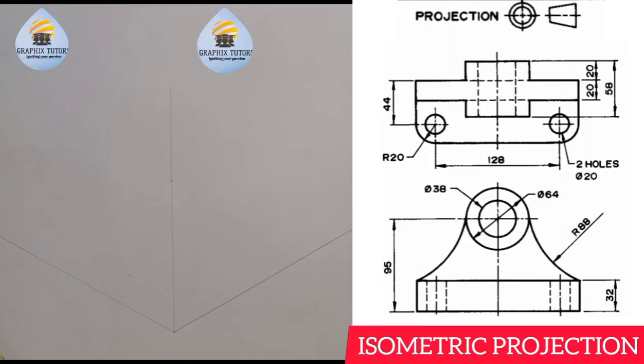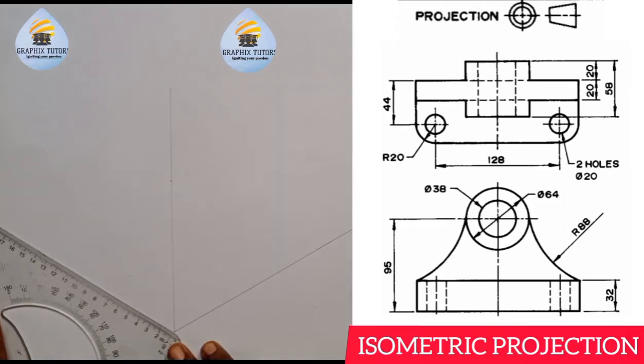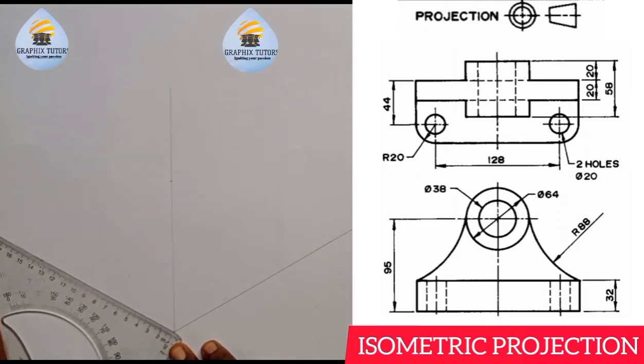So we have 40 plus 108, giving 148. Is that okay now? I'm going to measure 148 on this axis here. Since it is not starting from 0, I can just come from here and measure 148.